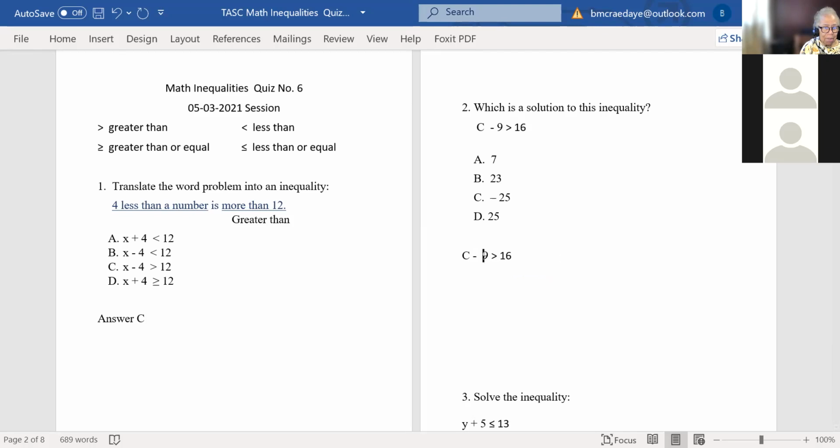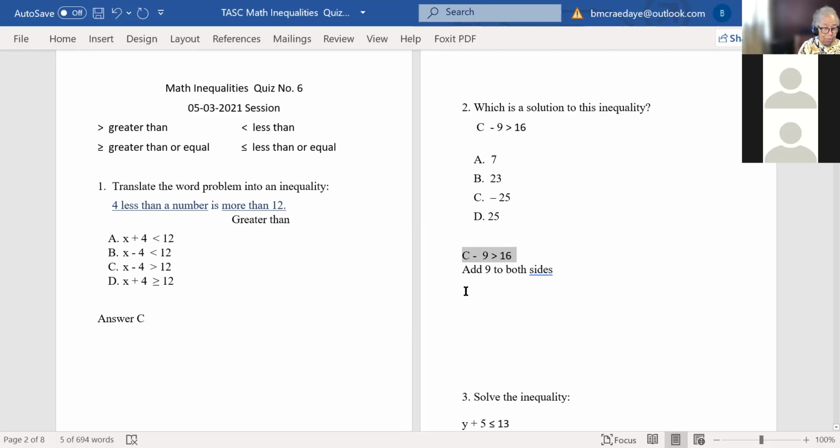What I did, I said 9 from 9, and then 9 and 16 is 25. No, Maureen, c minus 9 is a subtraction. What's the opposite of subtraction? Add. So what did you do then? I just add 9 and 16. Yes, you add 9 to both sides, right?